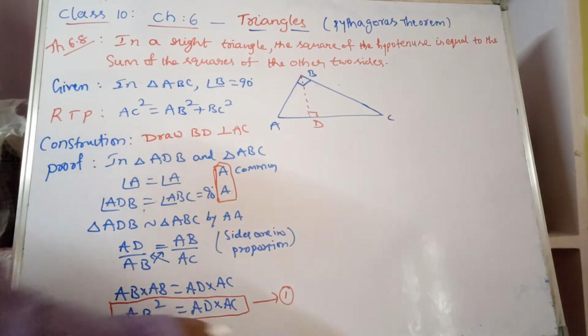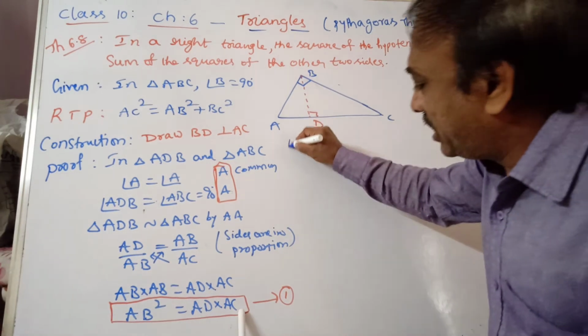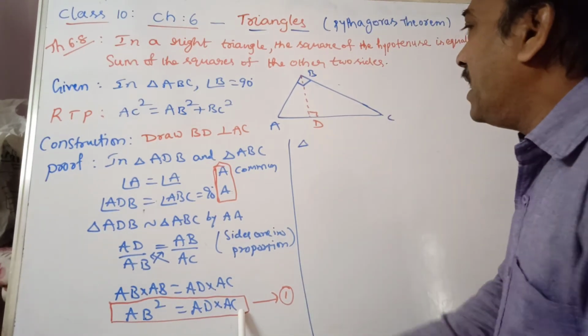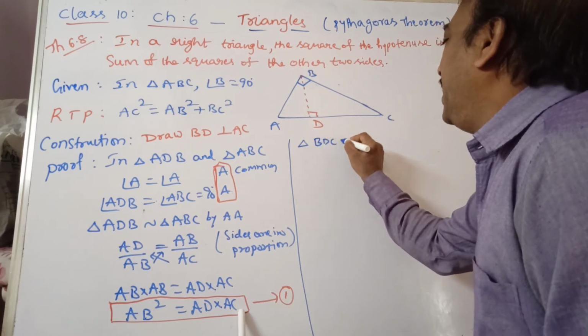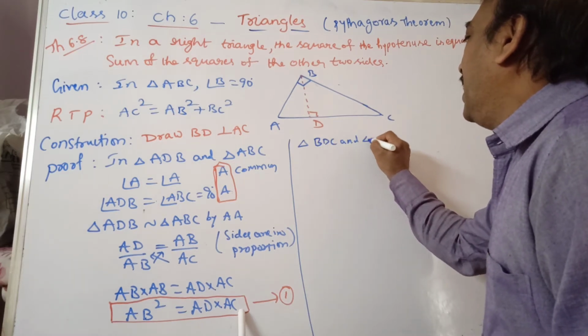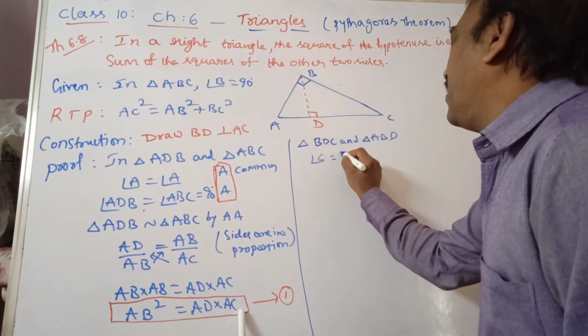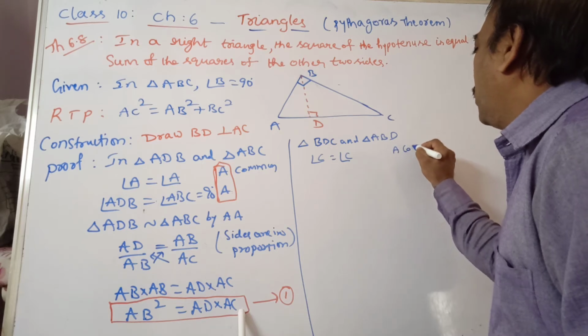Now similarly we prove the other triangles; directly also you can write by theorem 6.7. Observe it. Now triangle BDC and triangle ABC: angle C is equal to angle C, which is common in both.